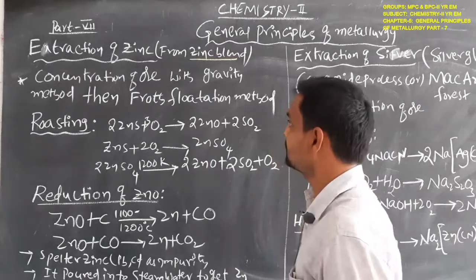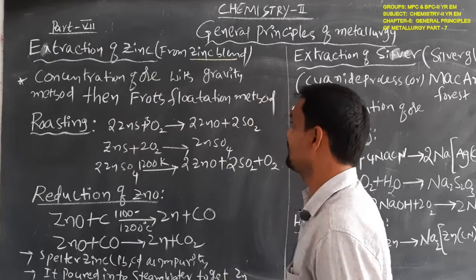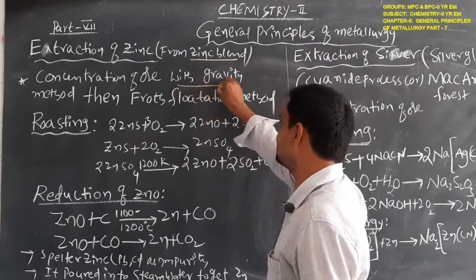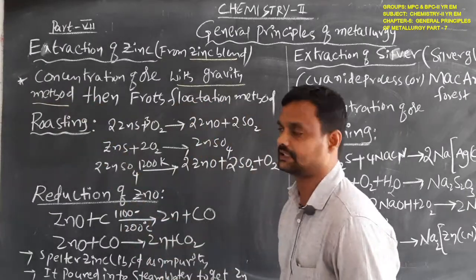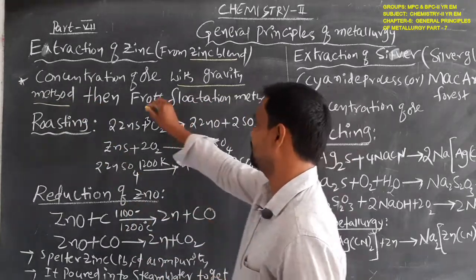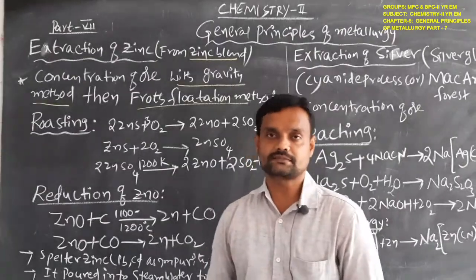So here, the concentration of the powdered zinc blende ore is increased first with the gravity method. Okay students, first with the gravity method, then we use the froth flotation method. We should already know the froth flotation method.